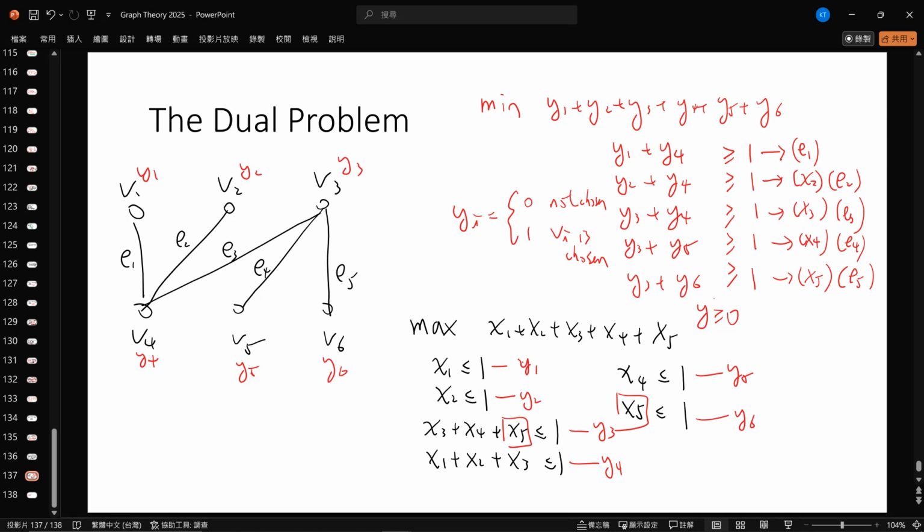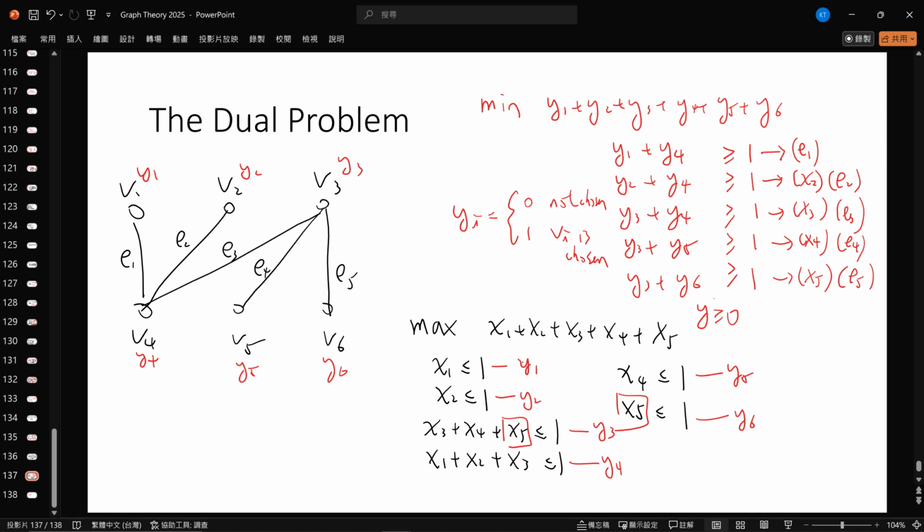So that's the constraint. And what is the objective function? The objective function is to pick the smallest number of vertices so that you can satisfy the constraint. And here the constraint is that you have to pick at least one of the endpoints for every edge. So we all know that this is just vertex cover, because in the problem of vertex cover, we have to cover every edge.